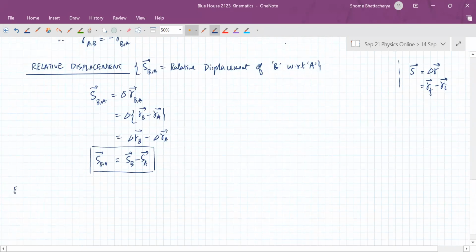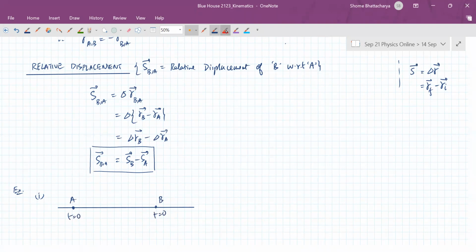So for example, in one case, if we have a situation where two particles were situated along the same straight line at here and here at t equal to 0. Now after some time, A reaches here, making a displacement of 5 meters in 2 seconds.